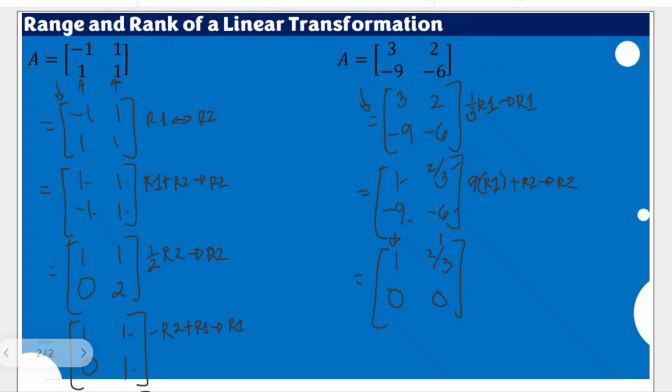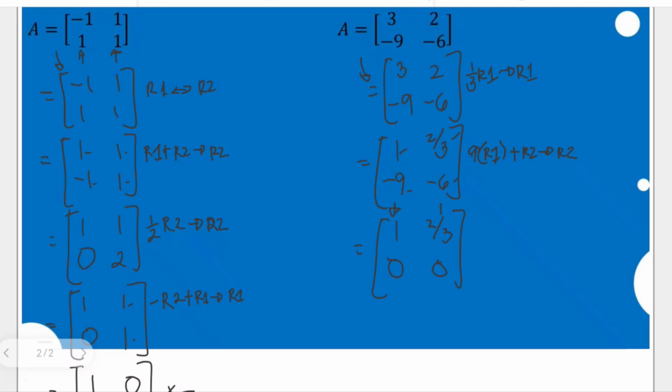So with this, the basis for the range of T for our second matrix is the column space containing the first column. So we have here the set containing 3, -9. Or in vector form, you have 3, -9.